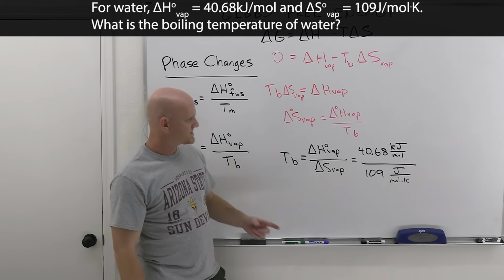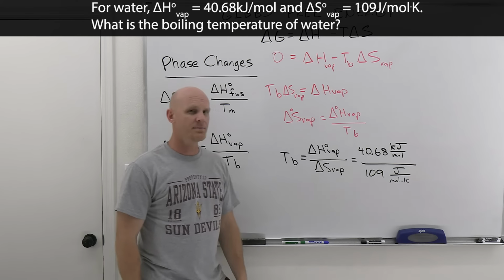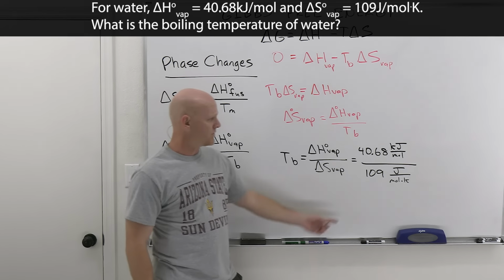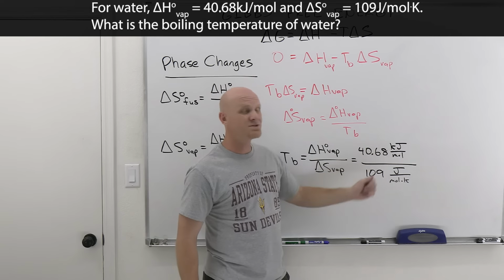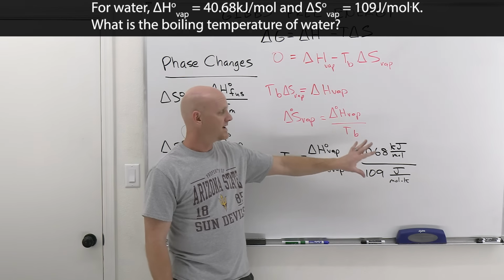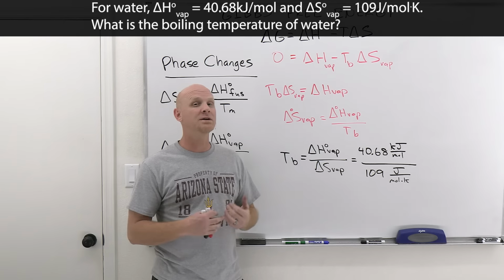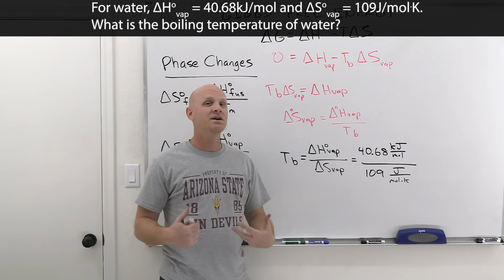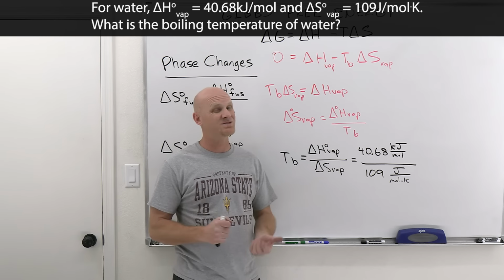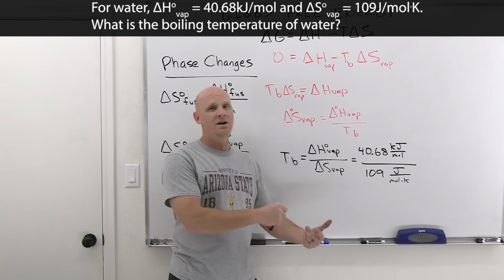Then we can calculate that, and that's where the Kelvin part is going to come from. So we need all the other units to cancel, though. The moles part, that's great, but kilojoules and joules aren't going to cancel each other out. So here's one of those places you got to be careful. In fact, delta G and delta H are most commonly reported in kilojoules because they're significantly larger than delta S, which is only reported in joules per Kelvin.